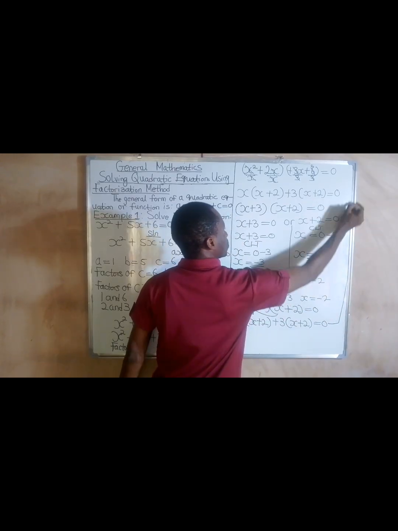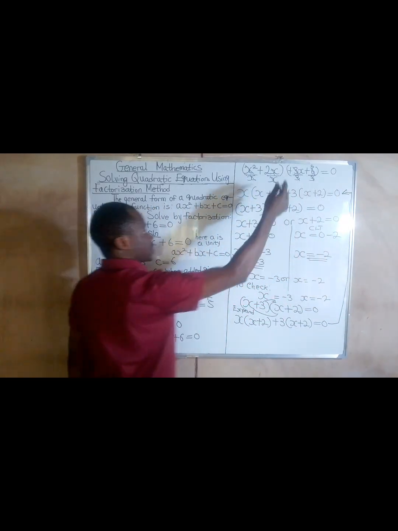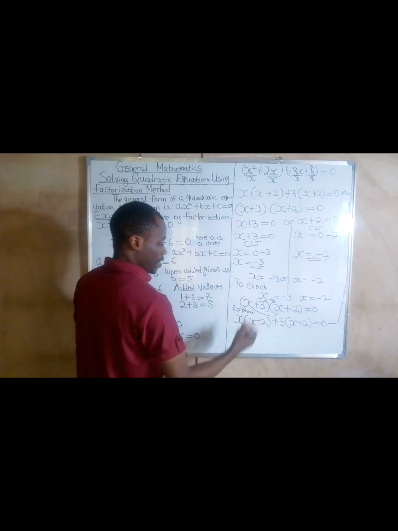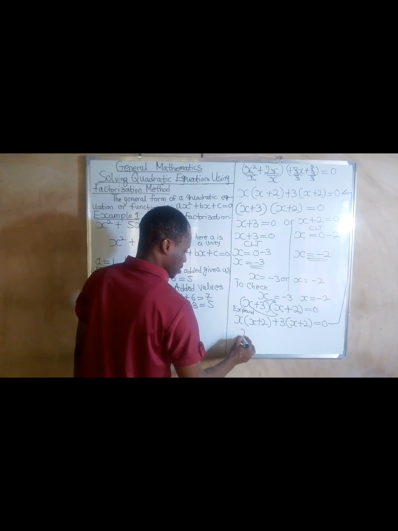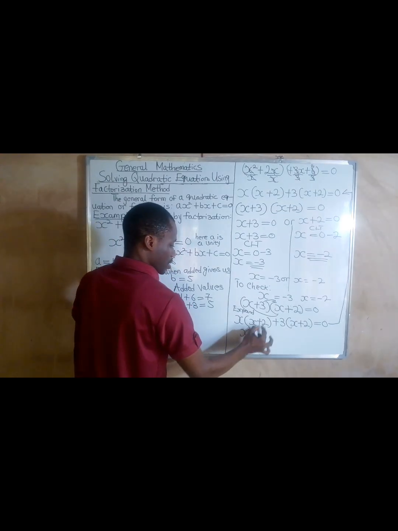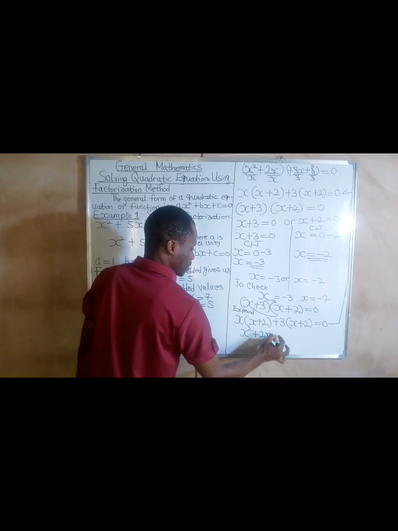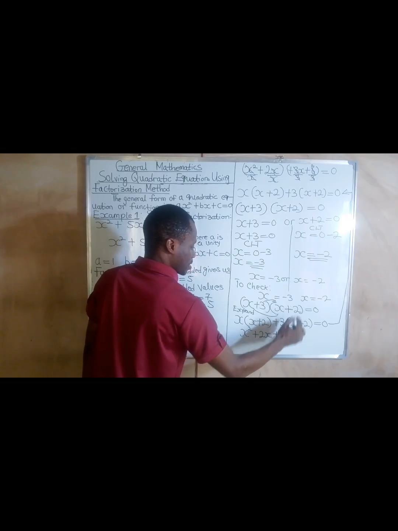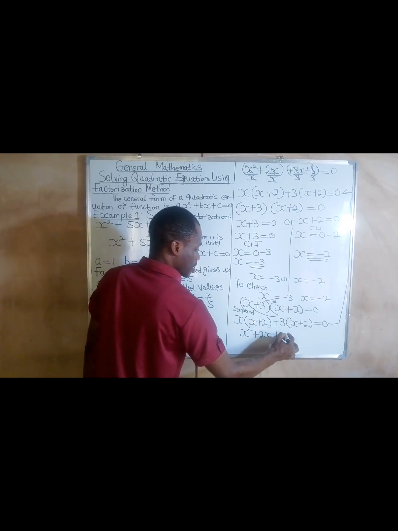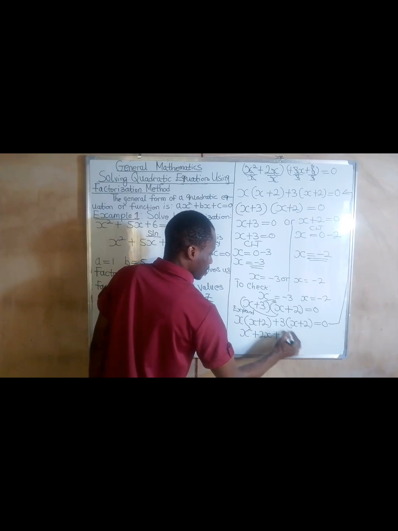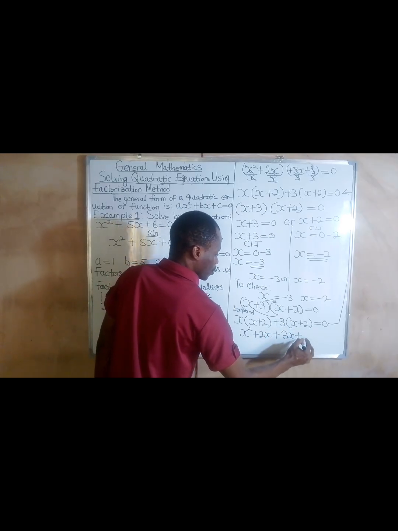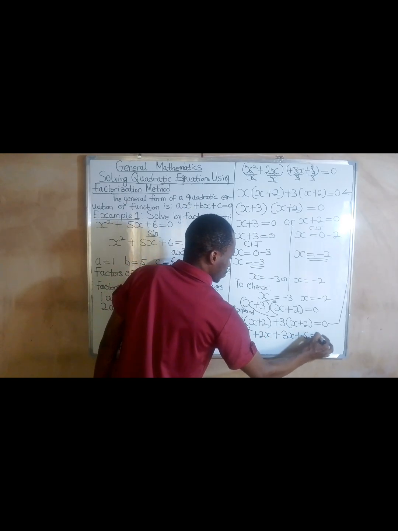If you travel this way, you have seen something. So it is a reversible process. So x times x, x squared, x times 2, that is 2x, plus 3 times x, 3x, plus 3 times 2, that should give us 6, is equal to 0.